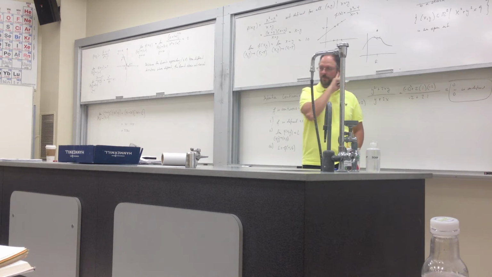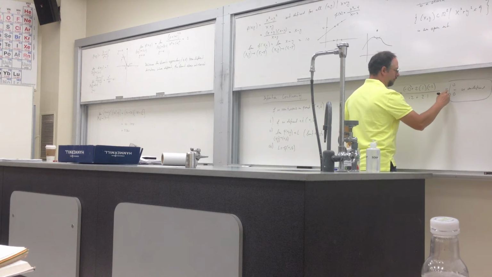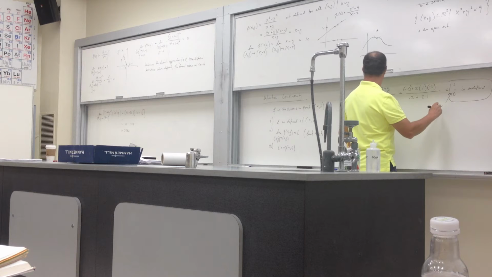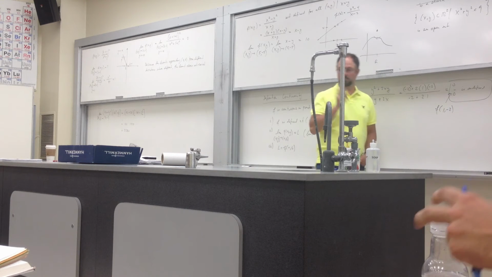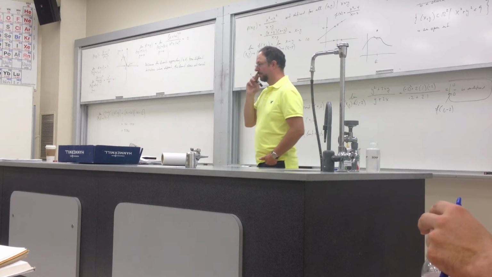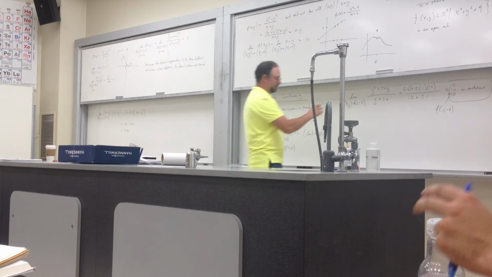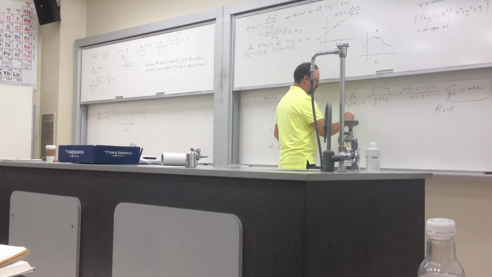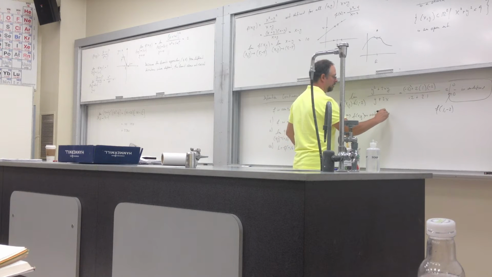Okay, but that's not going to be my limit. I'm just saying that f of (1, -2) is undefined. So that means the function cannot be continuous at that particular point. F of x and y is not continuous.